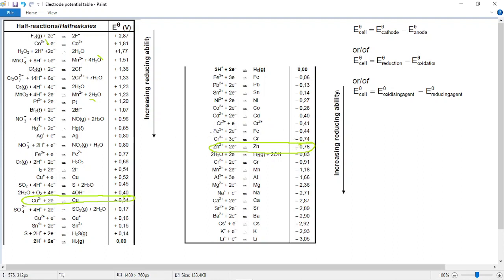And if you look on the table, there are always arrows. Unfortunately, this table of mine has only got the arrows on the right-hand side. But if you look on your table, on the left-hand side, there are arrows going in the reverse direction, and these say increasing oxidizing ability. That means everything that's on the left-hand side is an oxidizing agent.